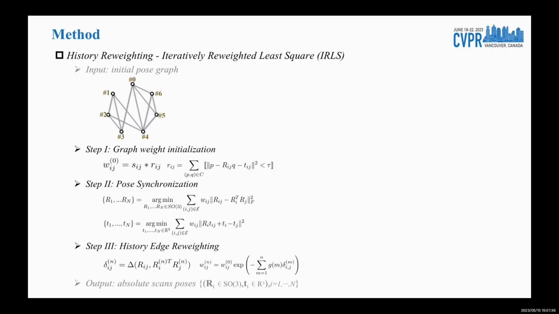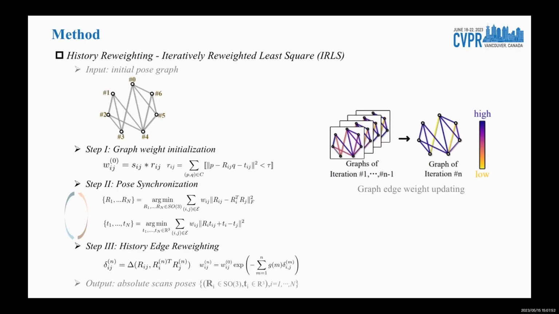To reduce the weight of these outlier edges, we propose the history edge reweighting function, which robustly and gradually penalizes the edges with larger synchronization errors and recalculates the edge weights by iteratively repeating step 2 and step 3. The graph edge weights eventually converge to a stable solution, allowing us to identify and remove outliers in the sparse pose graph. Finally, the correct scan poses are computed.